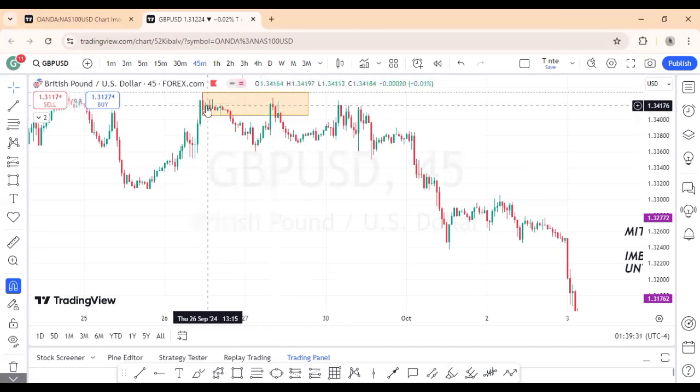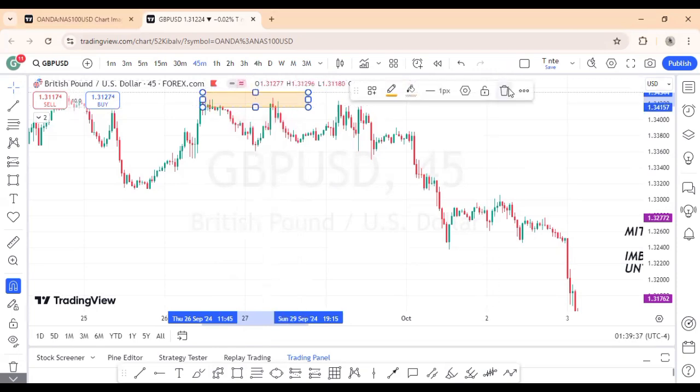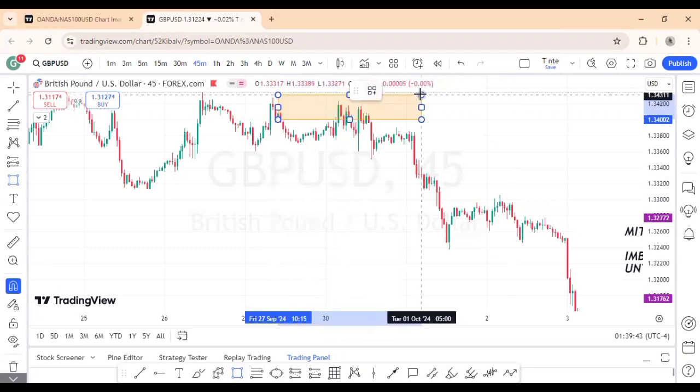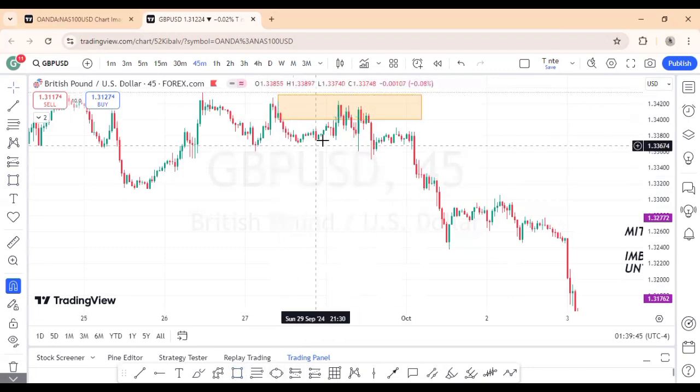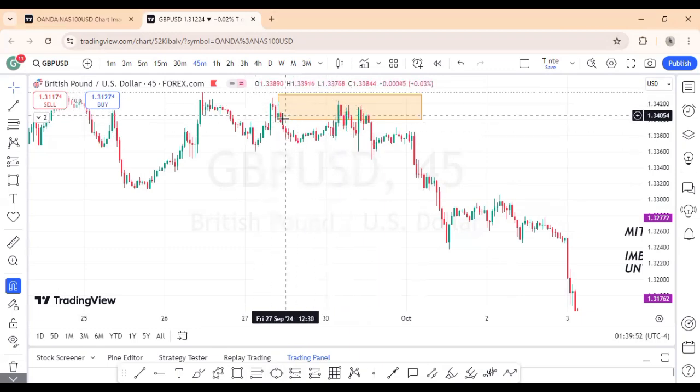That means this area has been mitigated. When this area is mitigated, it creates another area. Where's the new area here? Obviously, this last push up. You can see price came again and pushed into that area to mitigate it again.